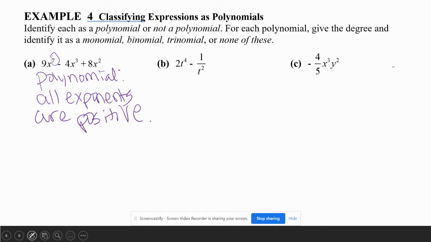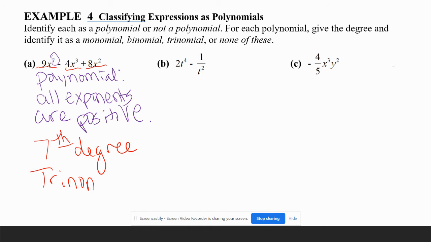The largest exponent is 7. And so this is a 7th degree polynomial. And there are 1, 2, 3 chunks or terms. And so since it specifically is 3 terms, this is considered a trinomial.